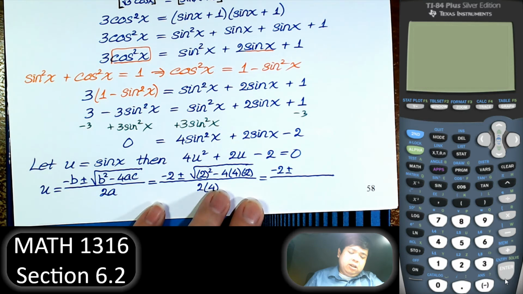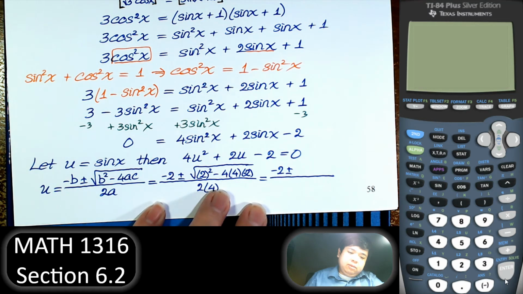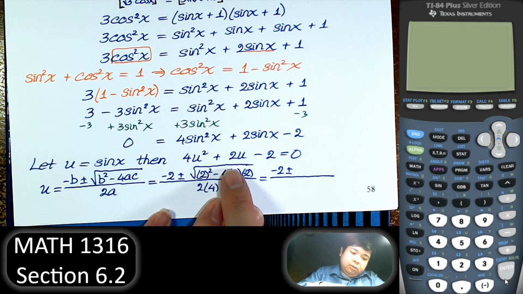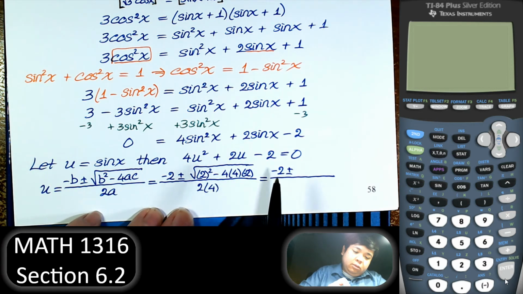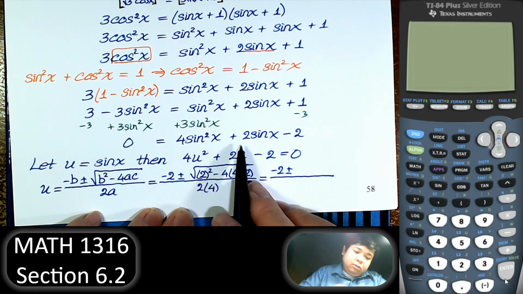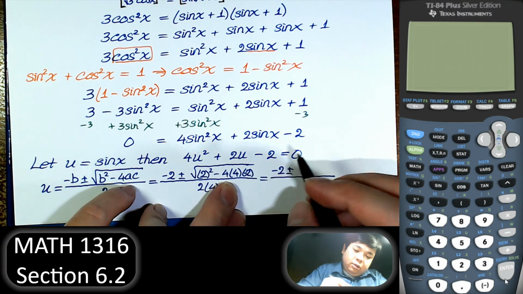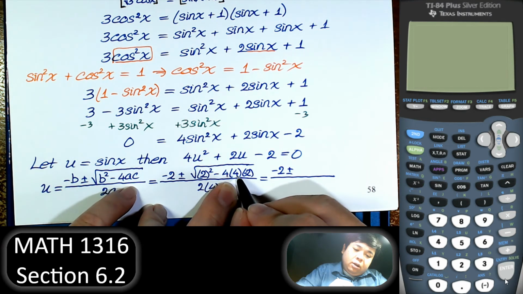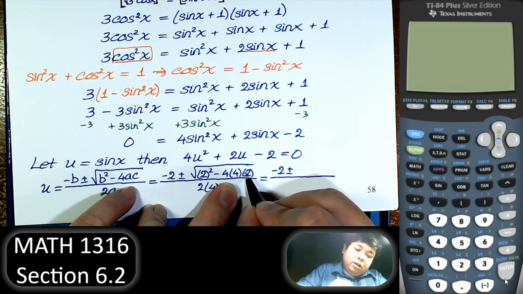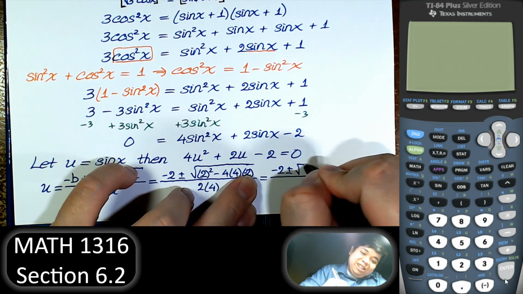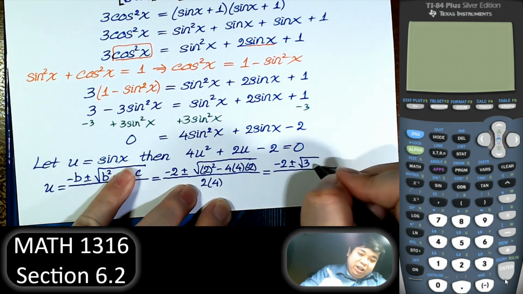Wait a minute. 16, 32, 36, sorry. Yeah, there's two negative signs.